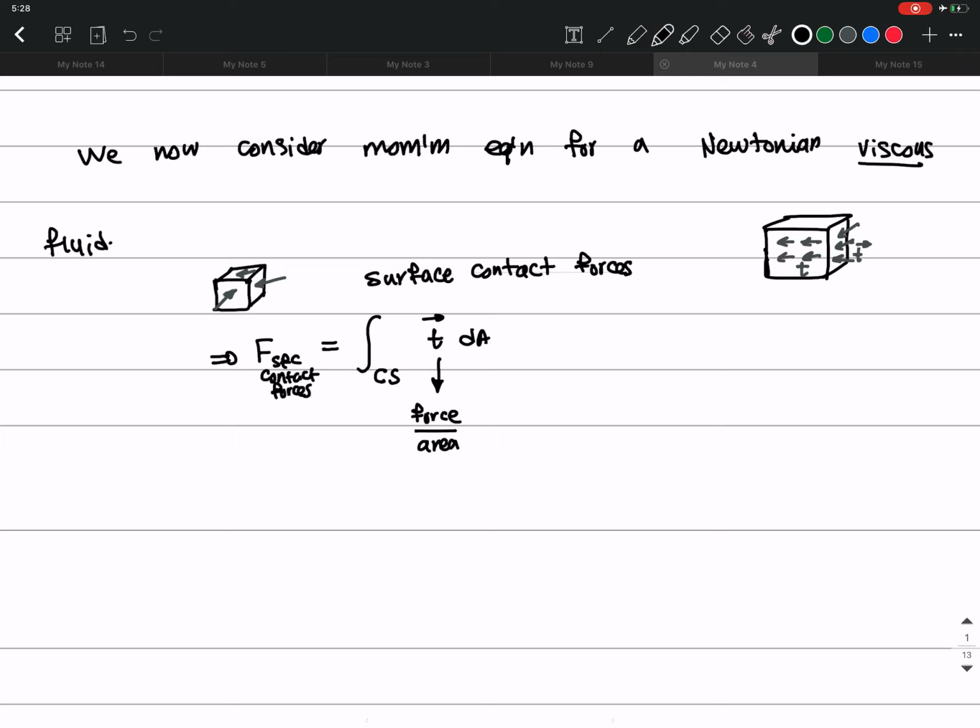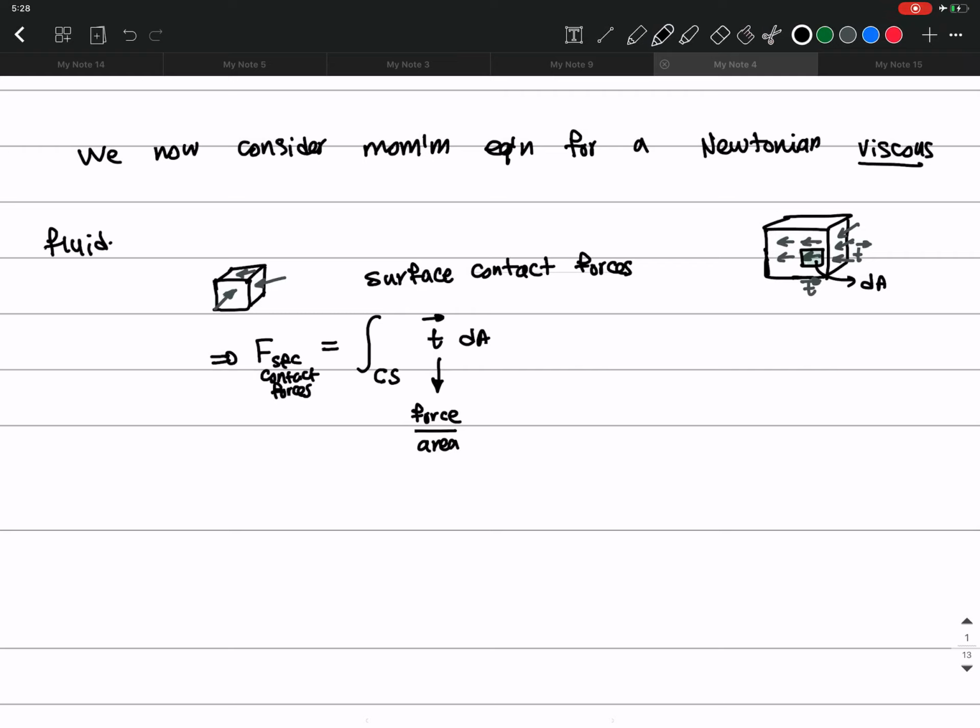So say you have here, this is going to be your dA, and then you have this T stress there, and then you integrate this over the whole control surface to get the total surface contact forces for that, okay?